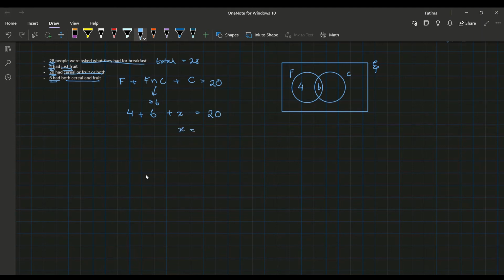We can find out what X is. That would be 20 minus 4 plus 6, which is equal to 10.